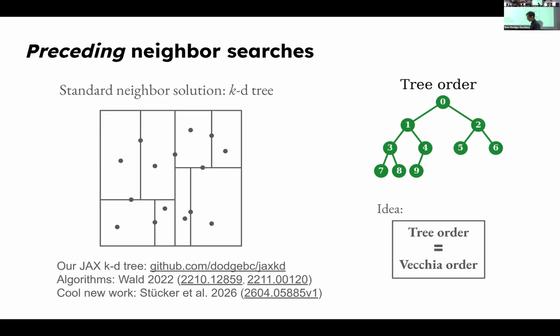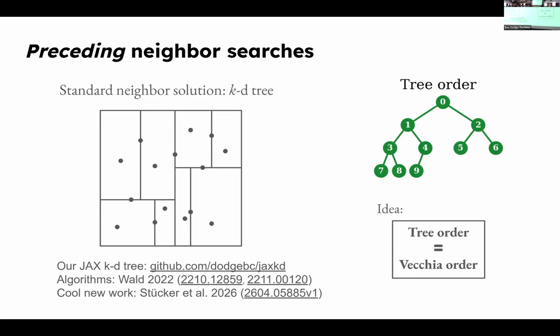That's what existing Vecchia approximations do. They look at a KD tree and then just filter the neighbors for the ones that are preceding. But this is not working at scale, because if you have 1 billion points and you want the preceding neighbors of the 100th point, it's a very small fraction of the points that are actually in your KD tree. If you naively do this neighbor search as people do, it's going to take forever.